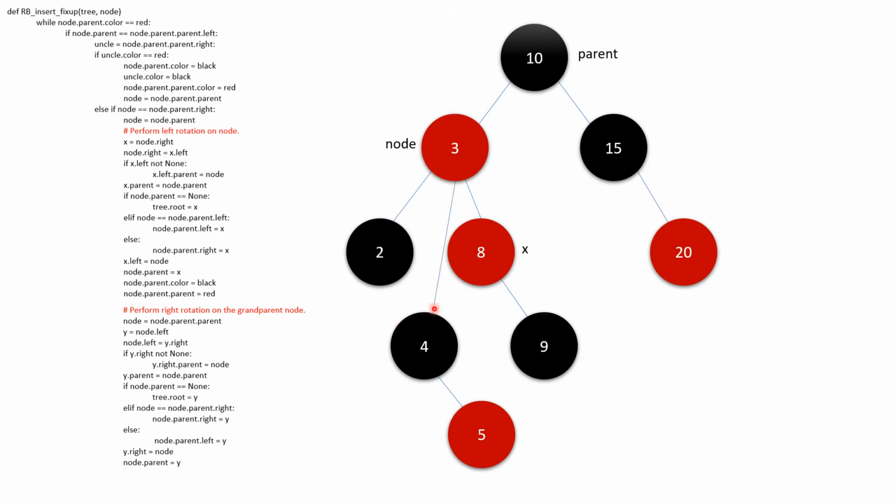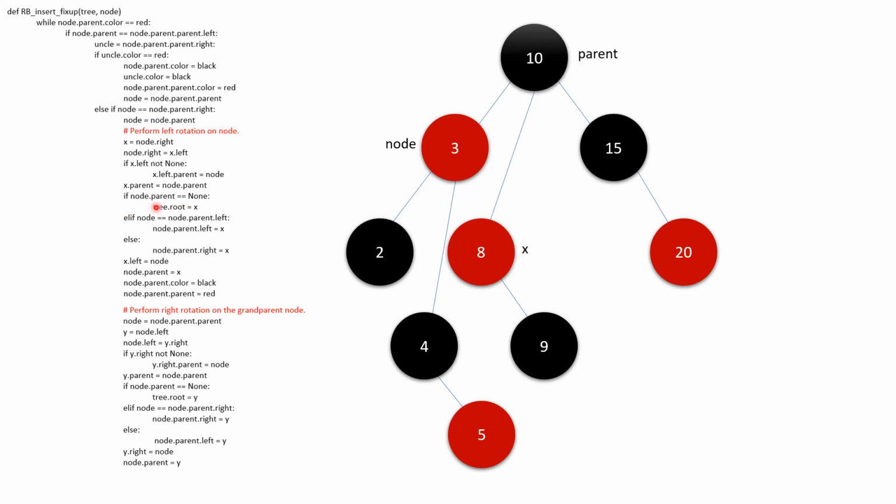So let's do that. Let's change that pointer. That's that line. If X left is not none, well, it is none, so we can skip that. So the X's parent should now be the same as the node's parent. Let's change that pointer.